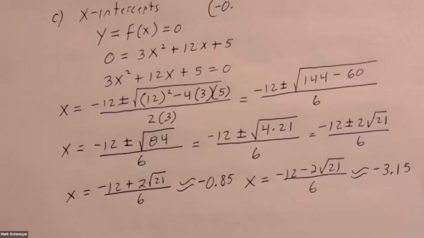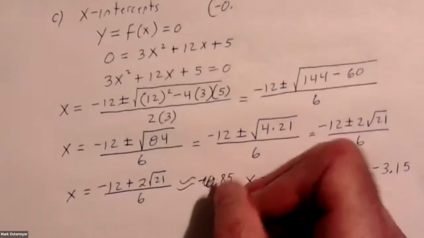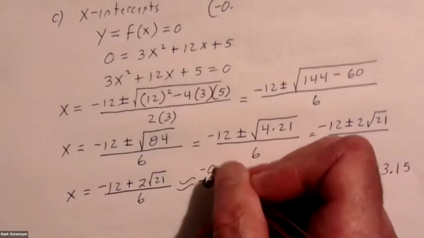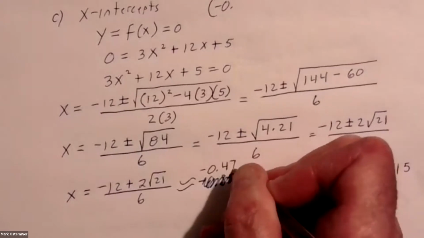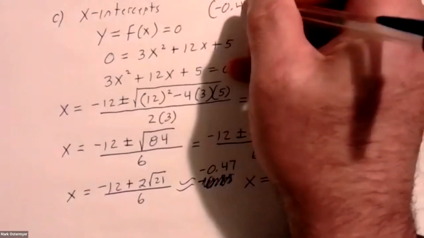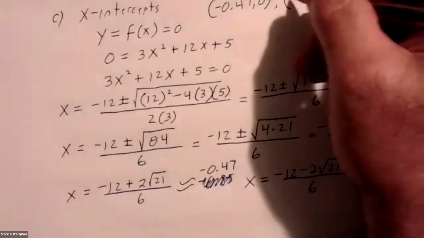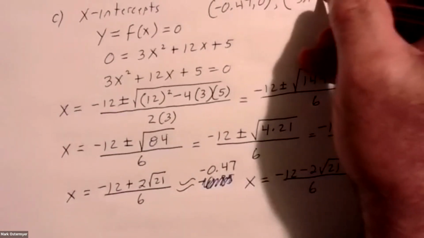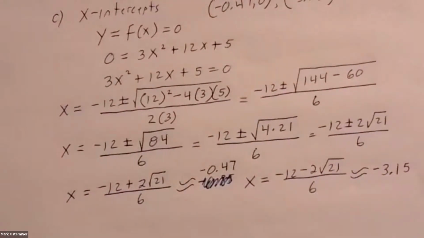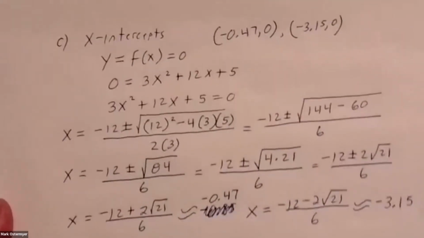It should be the square root of 21. Yeah, negative 0.47. So negative 0.47 there. So that's one x-intercept, and the other one is about negative 3.15. Anybody getting that? So we got two x-intercepts here.